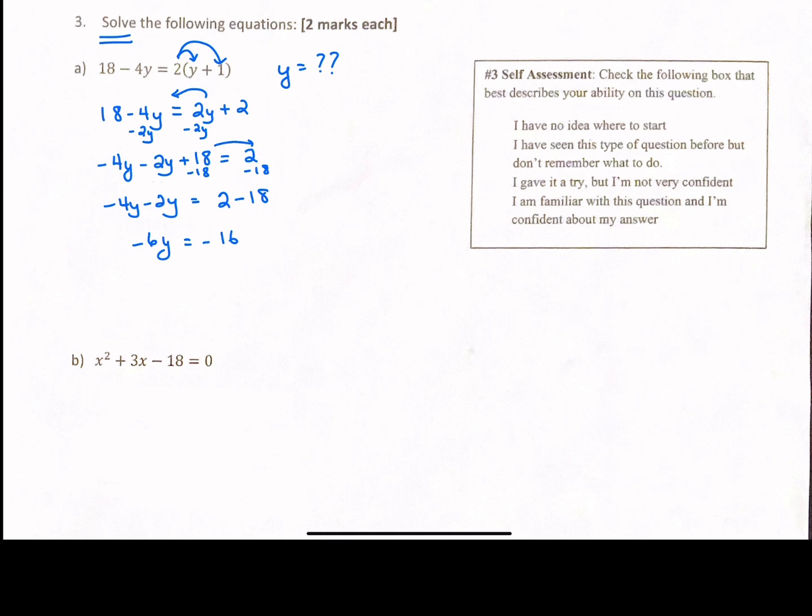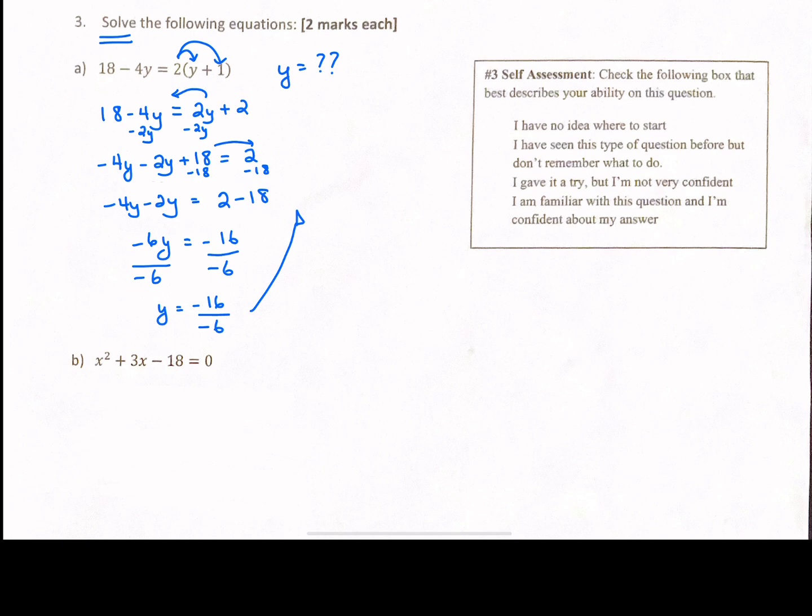So from here, the last thing we want to do is isolate y. Right now, it's negative 6 times y. So to undo that relationship, we're going to divide the left side by negative 6 to cancel it out. And we have to do the exact same on the right side. So we've got y equals negative 16 divided by negative 6. Now, this is an okay answer, but it's not really in reduced form. So we know that every time you have two negatives and you're dividing them, they become a positive.